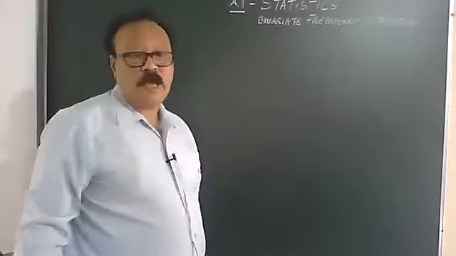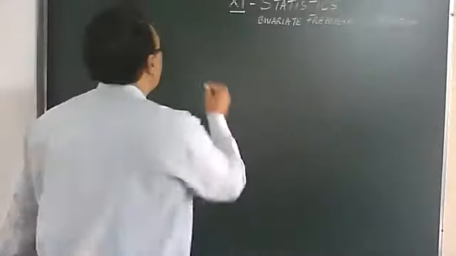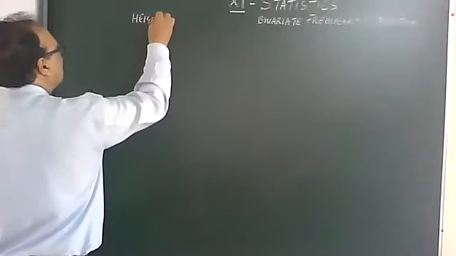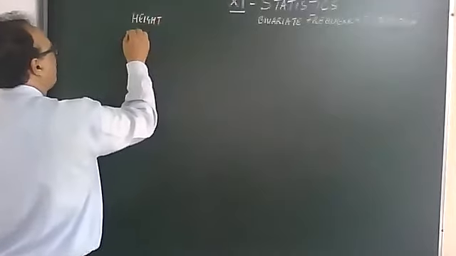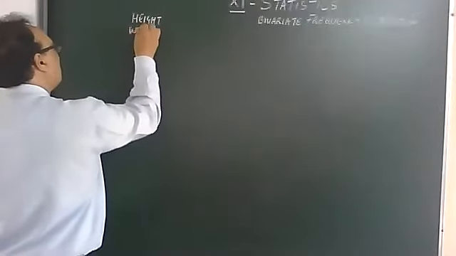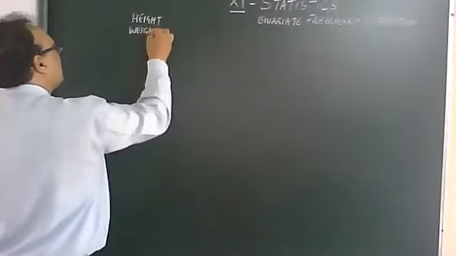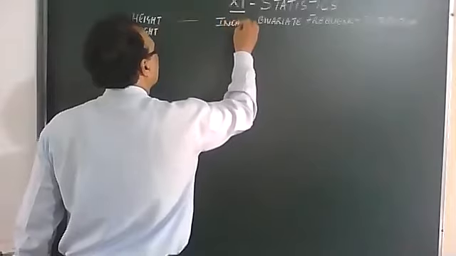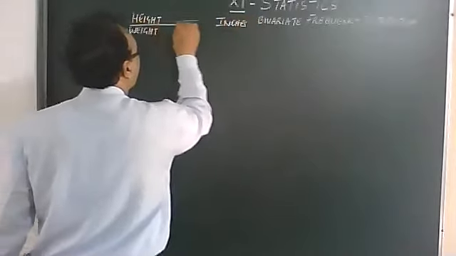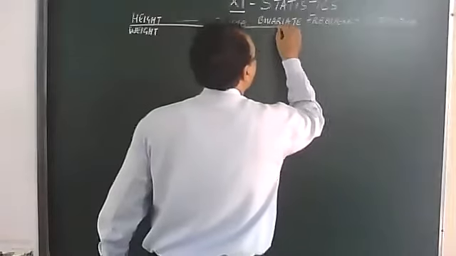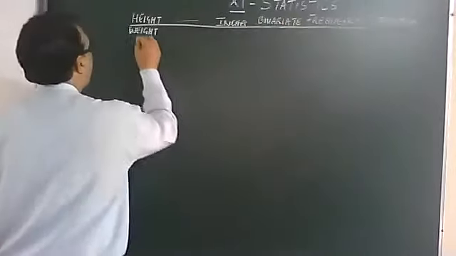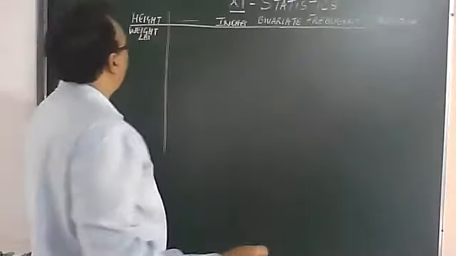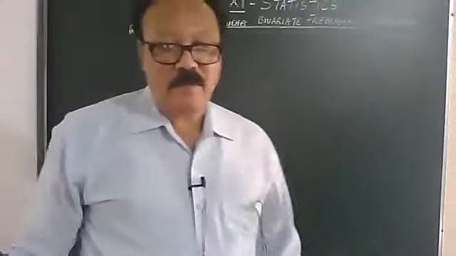Then, since we have two variables, height and weight, we will take height in inches, and then weight in pounds, lbs. What is the height he says to take from?